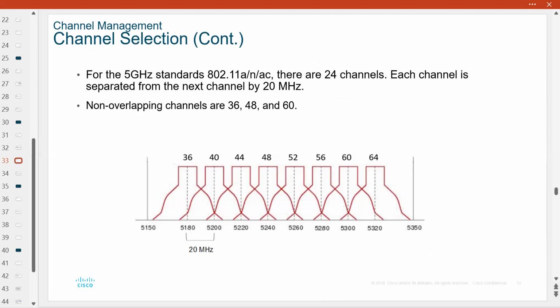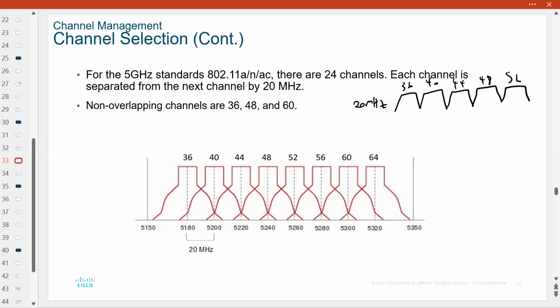Let me put it this way. These are 20 megahertz channels, channel 36, channel 40, channel 44, channel 48, channel 52.